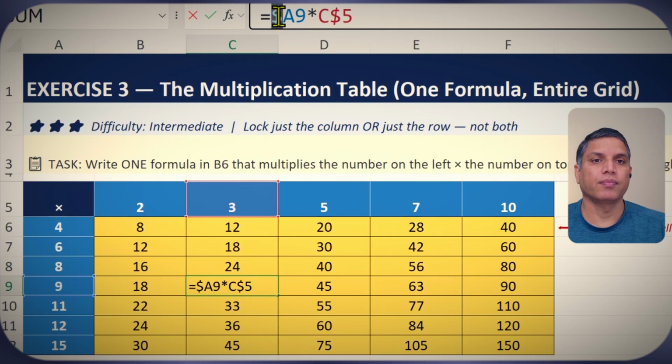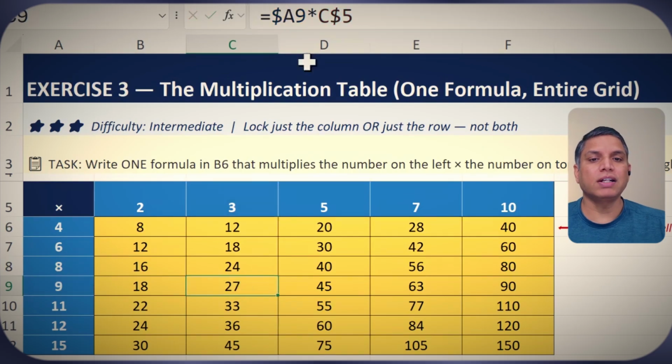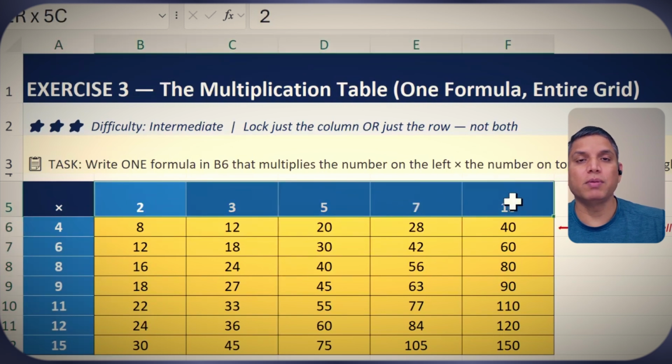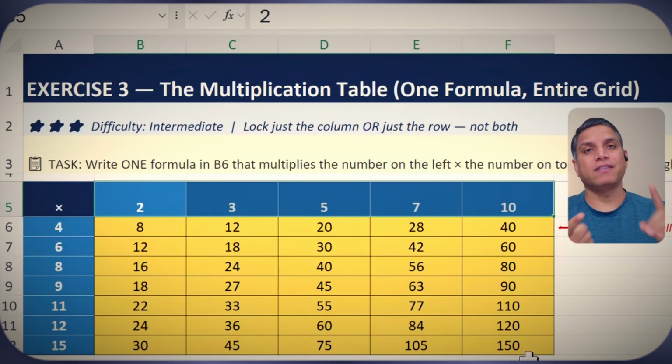So A was common. Now let us also understand why A was common. A was common because some of the values which are required to be multiplied are in column A. Some of the values which are required to be multiplied are in row number 5, horizontally in row number 5. That's why A is supposed to be fixed and 5 is supposed to be fixed. So in one simple line, what you need to fix?